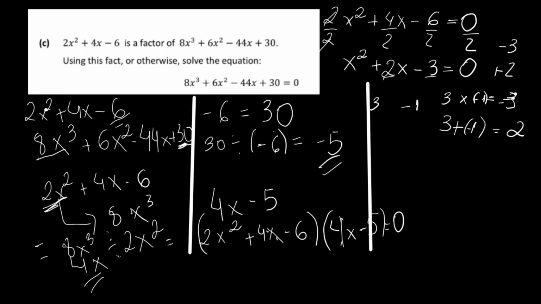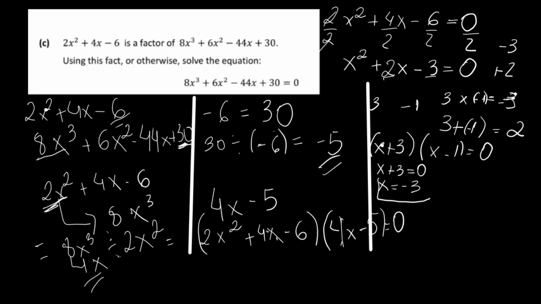Therefore x plus 3 and x minus 1 is equal to 0. What do we do here? We put each factor equal to 0. x plus 3 equal to 0, so x is minus 3.